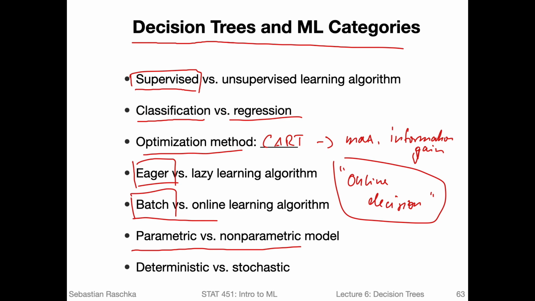In a decision tree, and also for a k-nearest neighbor model, we don't really have model parameters. You can think of the decision nodes as model parameters. However, it's still a non-parametric model, because an easy way to think about what's non-parametric is when you don't define the number of parameters up front, but the number of parameters depends on the size of the training set.